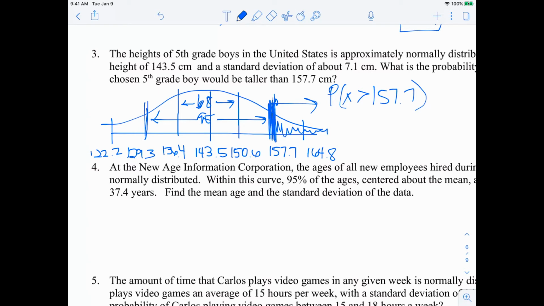So then again, if I do 100 minus 95, I end up with 5. If I take 5 and divide it in half, I get 2.5. So above is 2.5. Again, I cut it in half because it's even on both sides. So greater than that is going to equal 2.5%. And then that's my final answer.